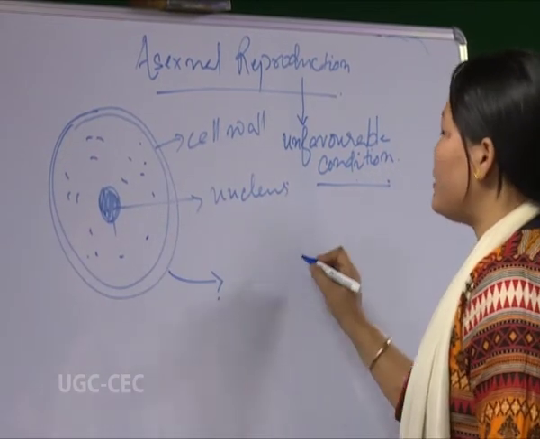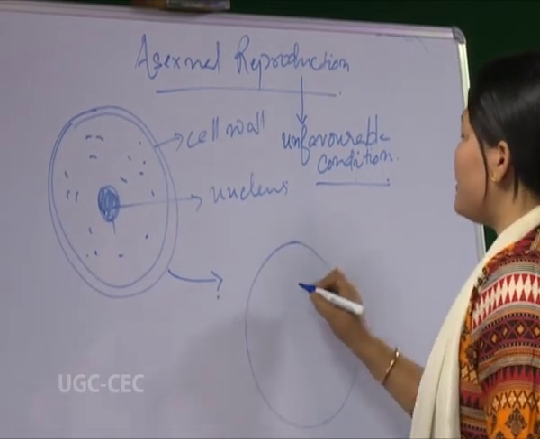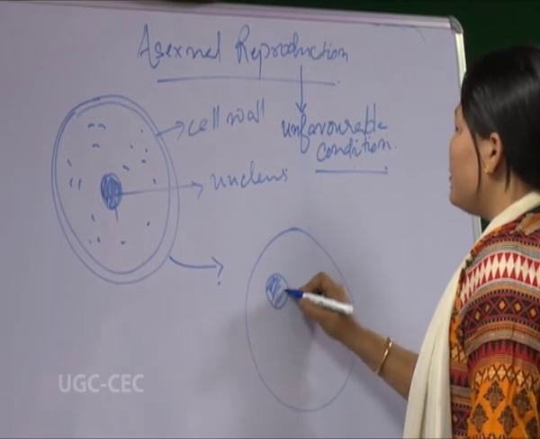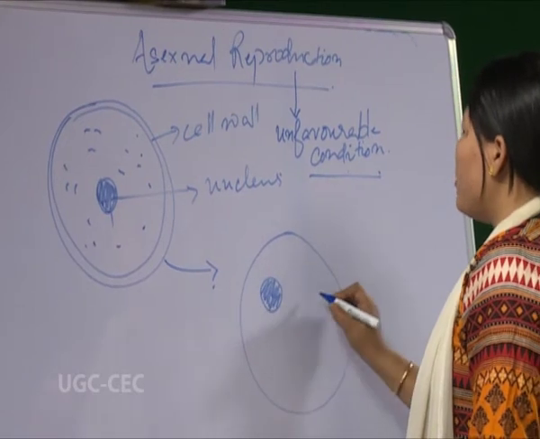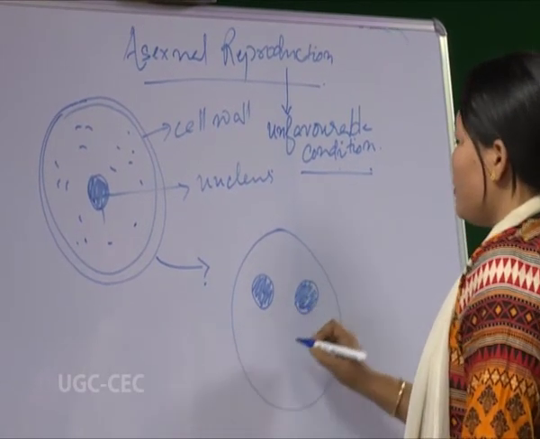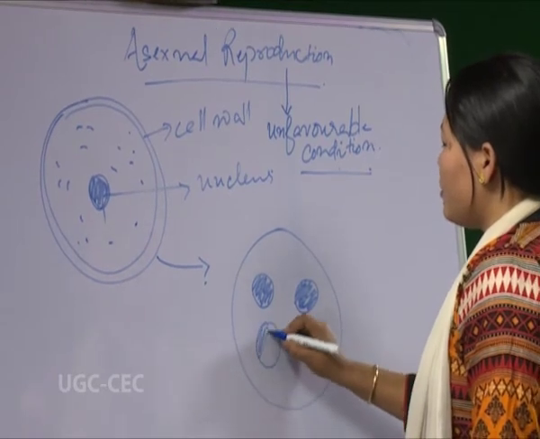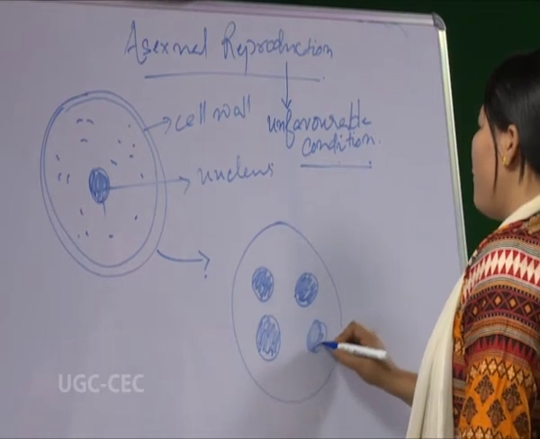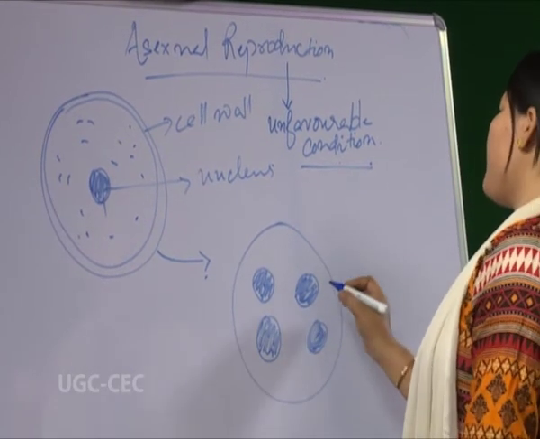And in this case, this nucleus mitotically divides to form 4 nuclei. Four nuclei are formed.